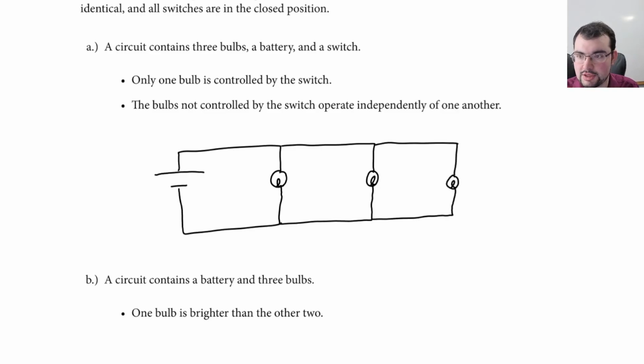But there's no switch in this circuit yet. So we can just add a switch in any of the 3 loops. I might just put it in this first loop like there. And if we draw our potential diagram, we see the high potential is going to explore, explore, explore. And the low potential is going to explore, explore, explore.